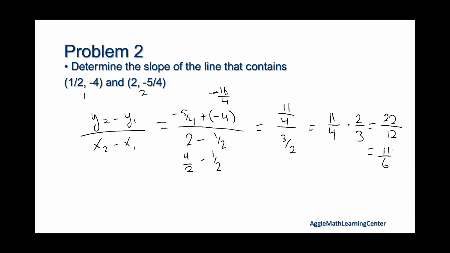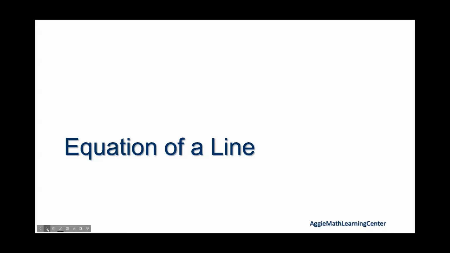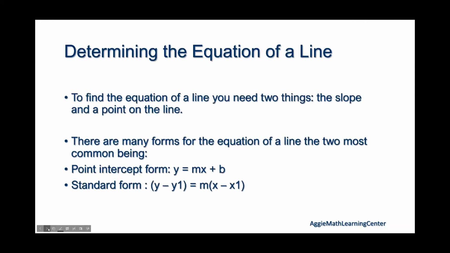Perfect. Okay, so there's the slope of the line that contains these 2 points. I believe, as we go through to our next, yep, right there. Now we're going to expand that concept into determining the equation of a line given 2 points.